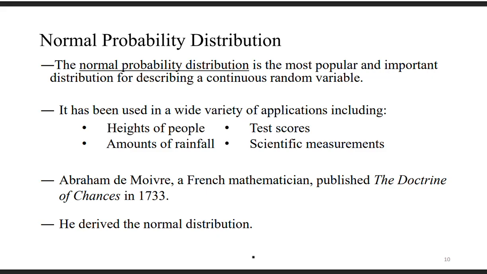Test scores follow a normal distribution. Weight, amount of rainfall, and distance to your favorite restaurant are all normally distributed. So this distribution is very popular. It was introduced in 1733 by a French mathematician called Abraham de Moivre, and he derived this whole normal distribution.